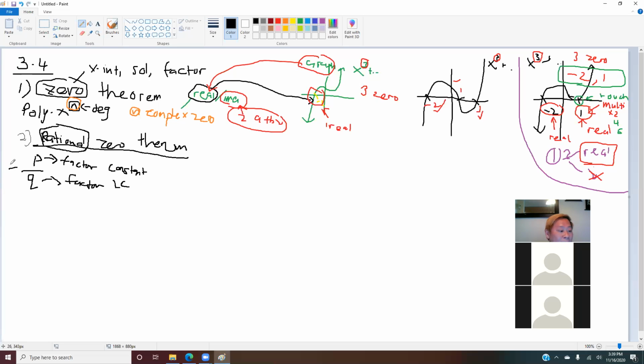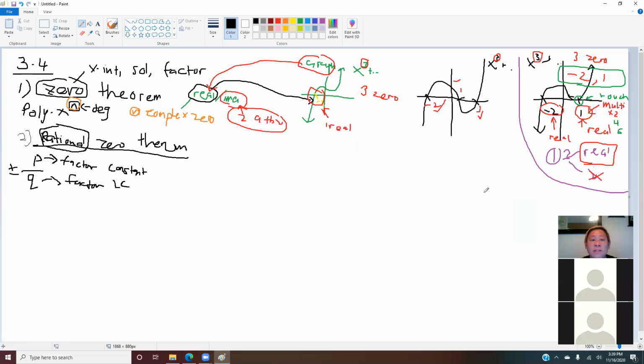And we have plus or minus in here. So the rational zero theorem is actually telling us a possible rational zero.